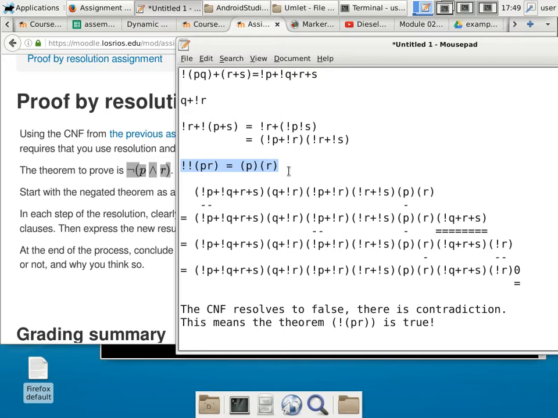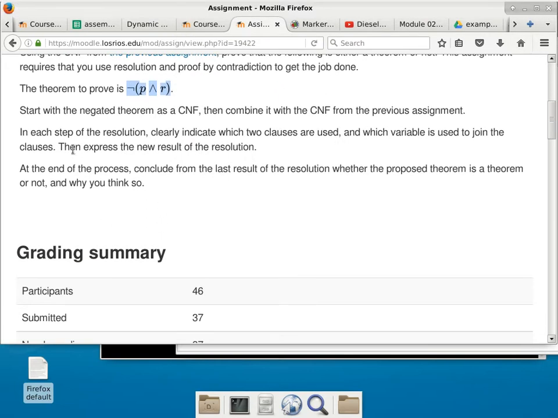Would it be okay to just leave it as PR? Hmm? Well, but then you have to tell me what is PR, right? Well, because you said that they gave the theorem as a CNF, that's why. Right, right. That you already know. So I started with PR. I did not start with negation of negation. Okay.